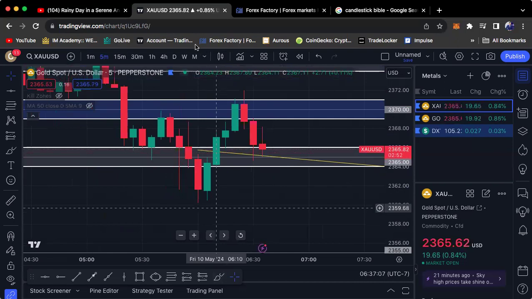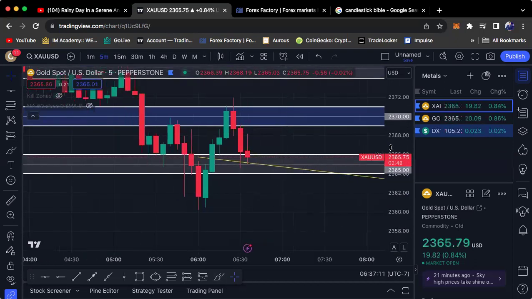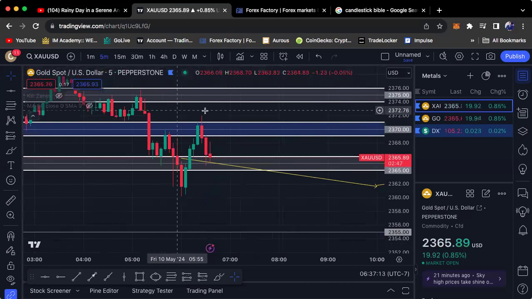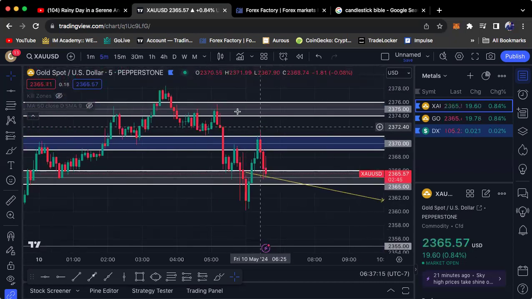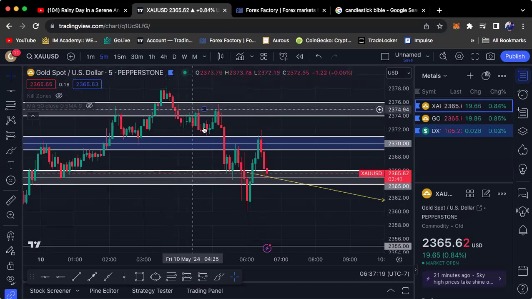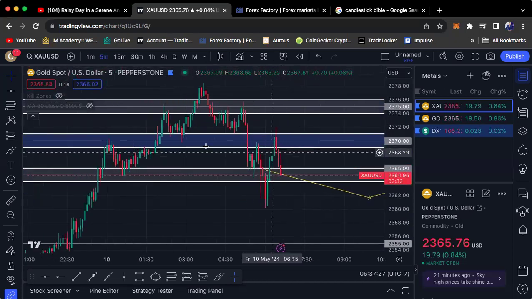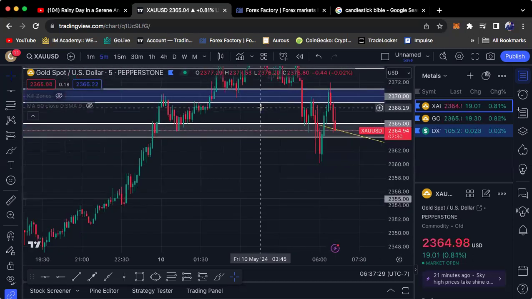Buyers were trying to fight back, but got knocked down. Yep. And then it's creating lower. This is a higher high, lower low, lower high, lower low, lower high. Okay.